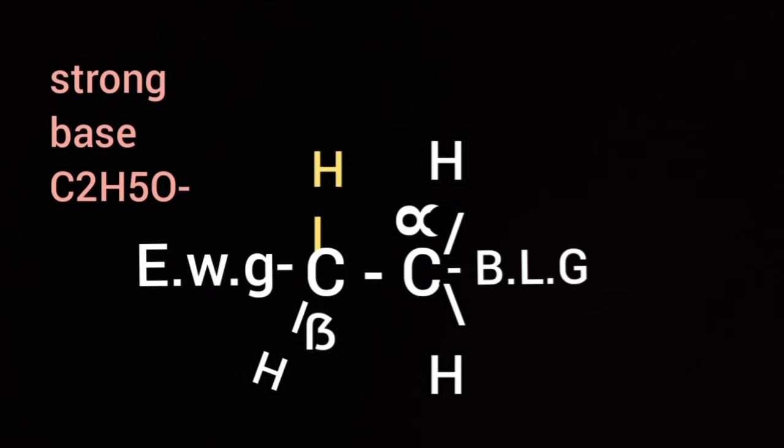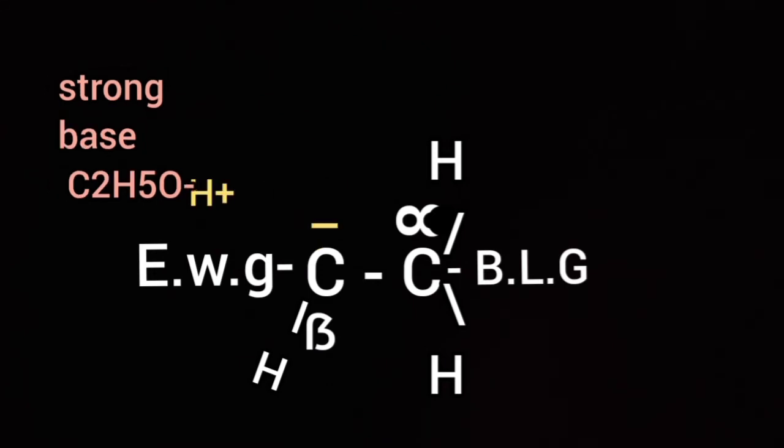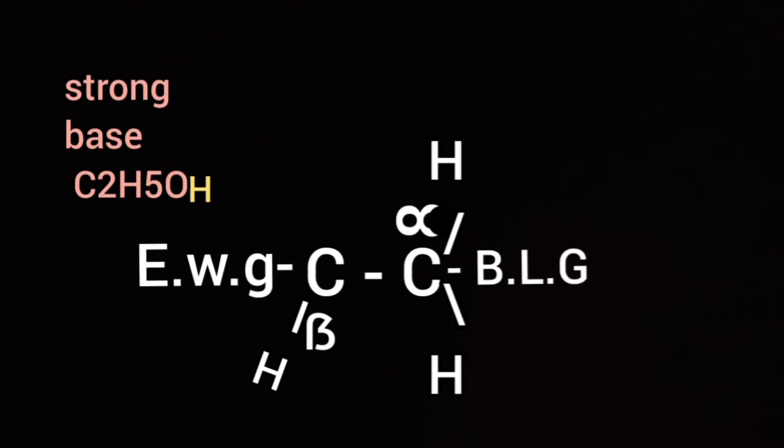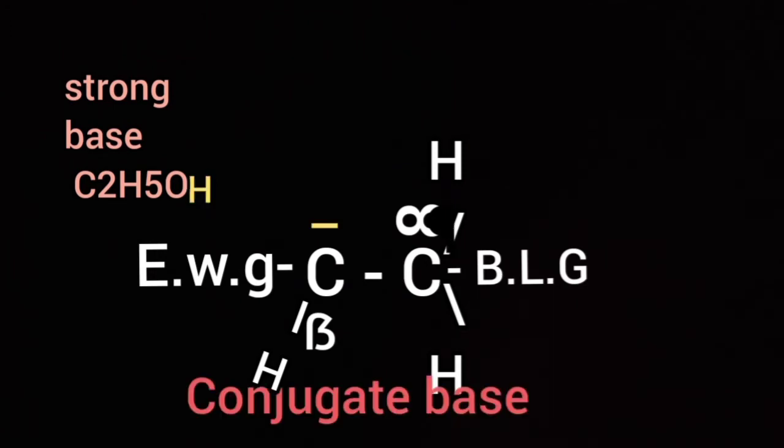When the acidic hydrogen is removed, that carbon gains negative charge. That is the conjugate base. This conjugate base undergoes elimination to give an alkene.